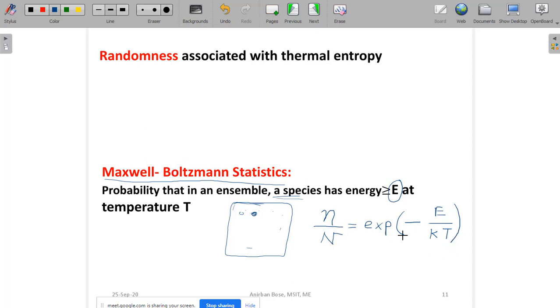So this is the Boltzmann statistics. It gives you the idea of the probability of species having energy more than E at a temperature T. This is a very, very important result, and in our course we are going to use it. So try to remember this statistics.